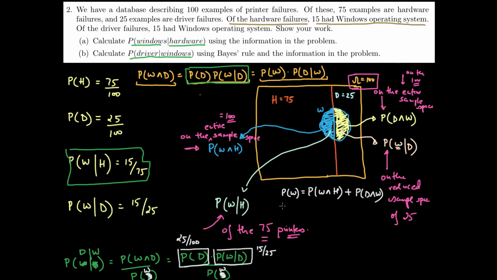Now what is P of W and H here? Let's rewrite this as W and H, because that's something we still need to find out.